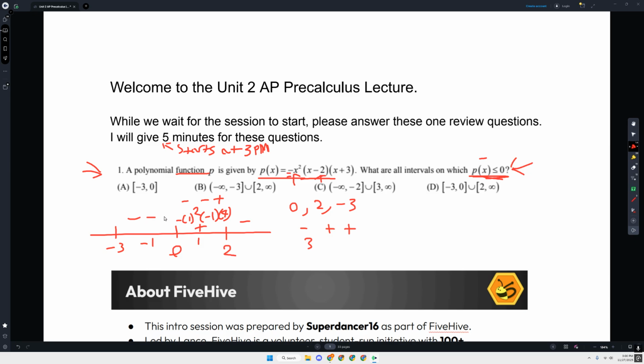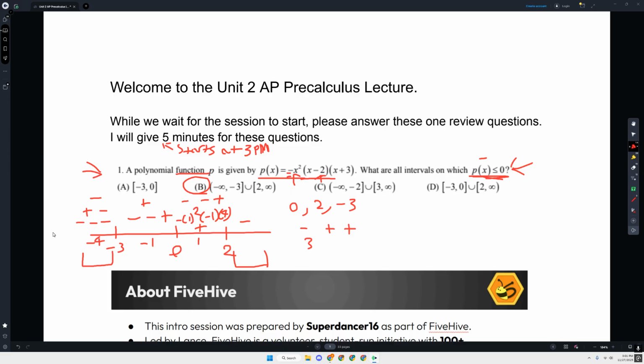The next one will be negative, and then positive, which means this is also positive. And then finally, you would plug in maybe negative 4, which will still be negative, negative, and negative. So these two negatives would cancel out to a positive, and then negative, so it'd still be negative. So our interval would be from here and to here, which would correspond to B.